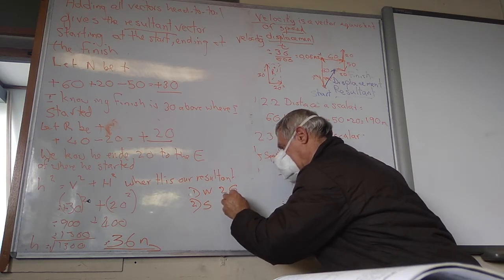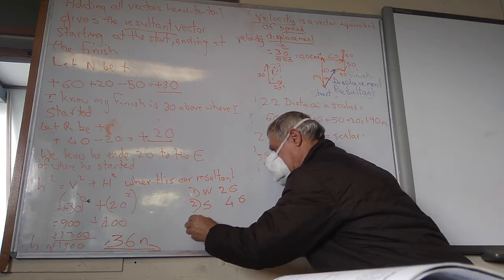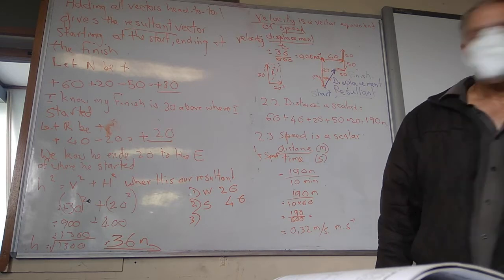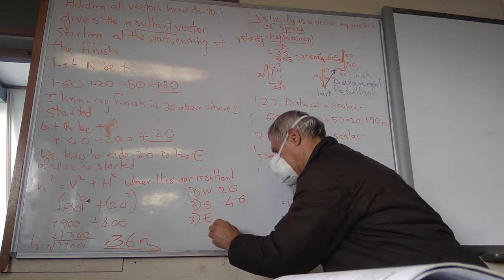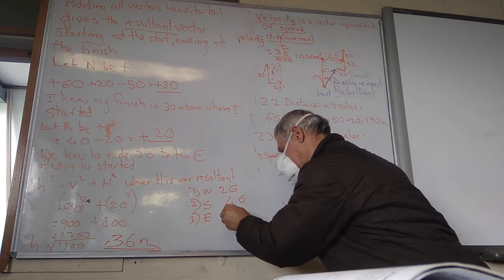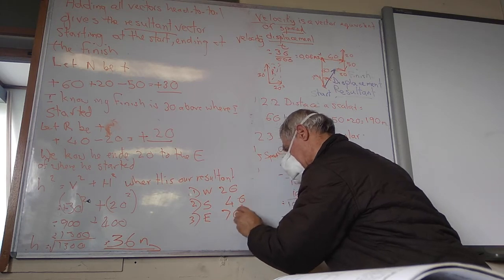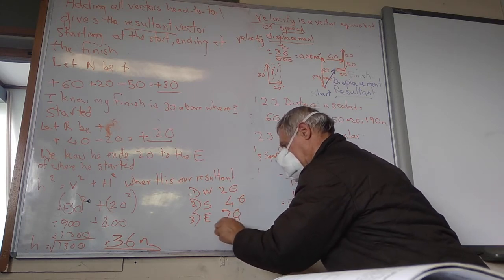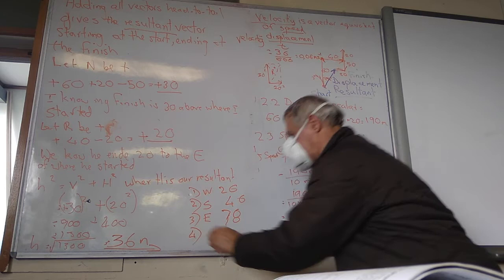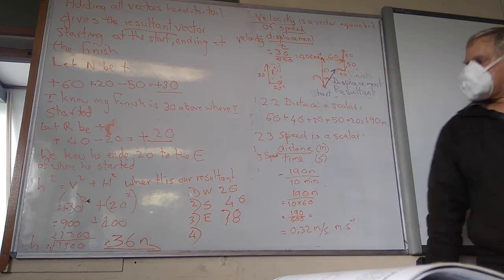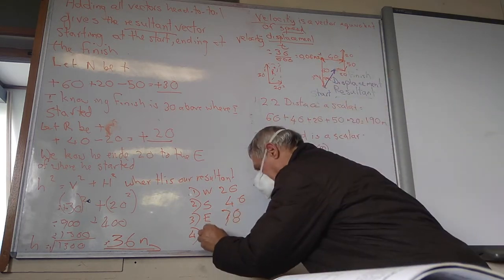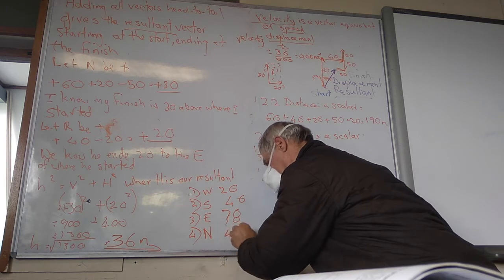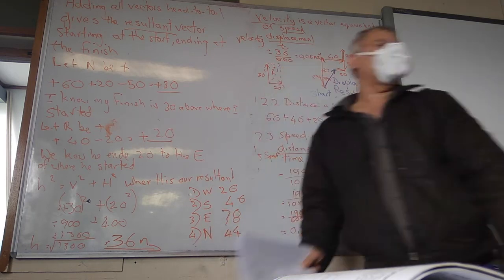Then he goes east. Let's give a nice difficult number. 78. Then he goes, what compass haven't we used? North. Let's do 44. Okay. Now you work out all that I've done.